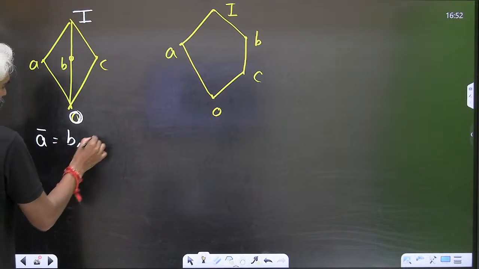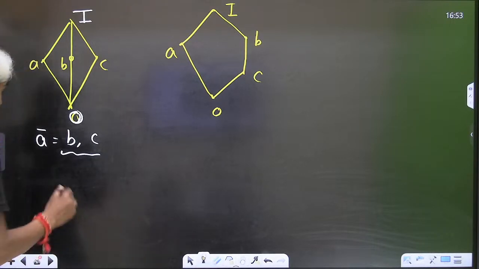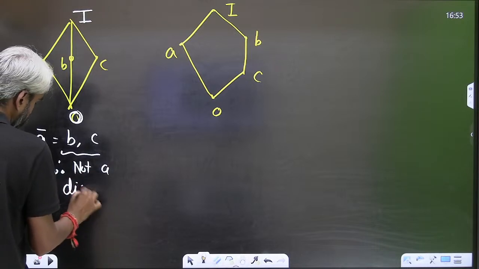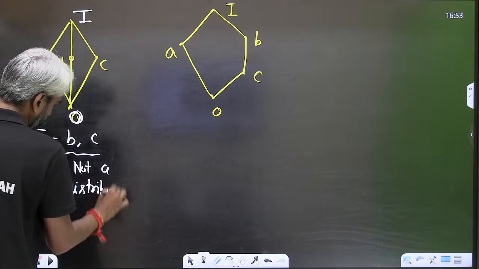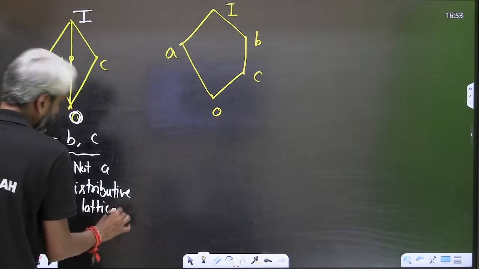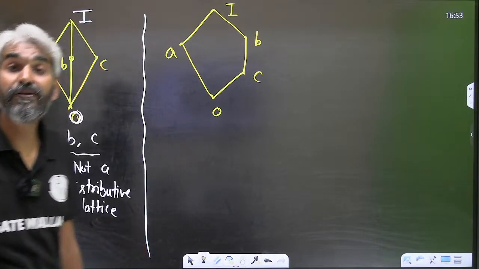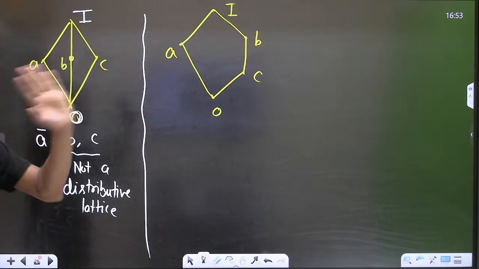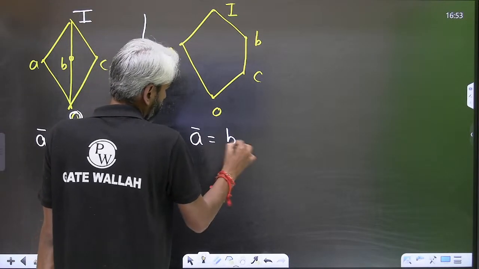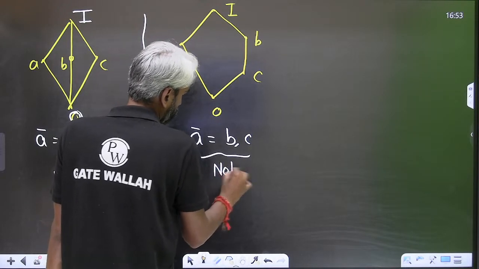There are two complements of A, and those are B and C. Therefore, it is not a distributive lattice. If any element of the lattice has more than one complement, then it is sufficient to say that that particular lattice is not distributive. Similarly, here also A has two complements, therefore not a distributive lattice.